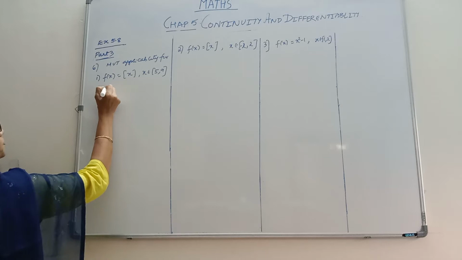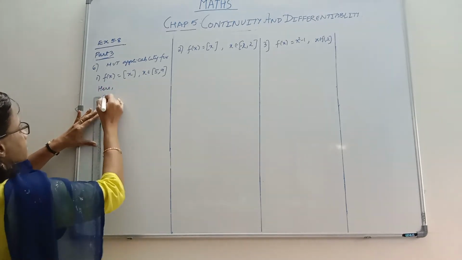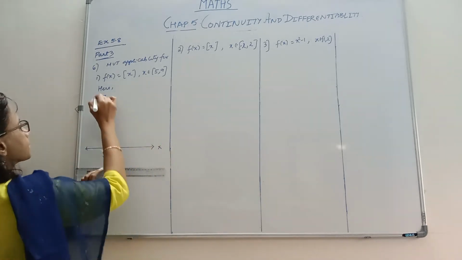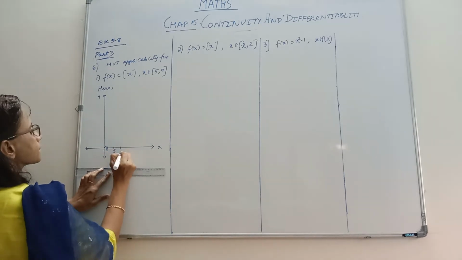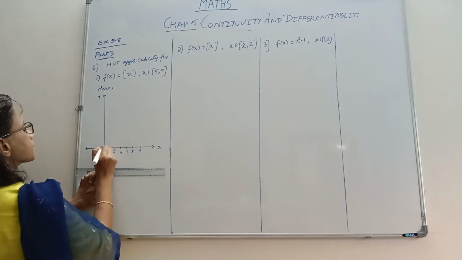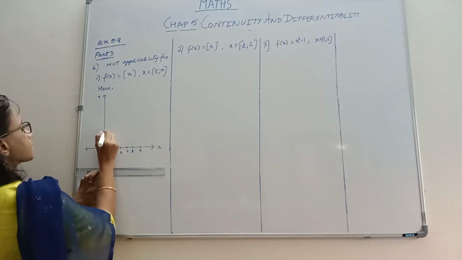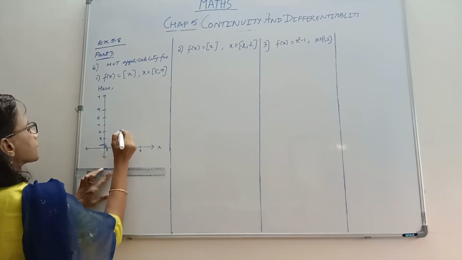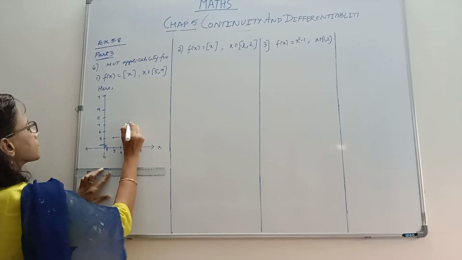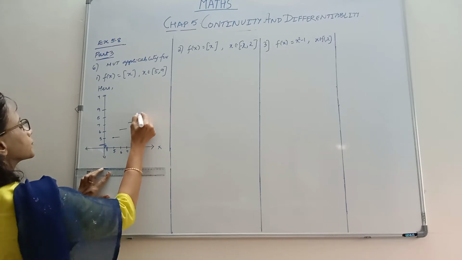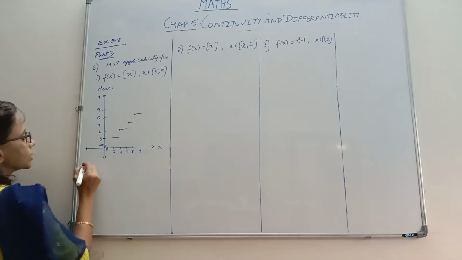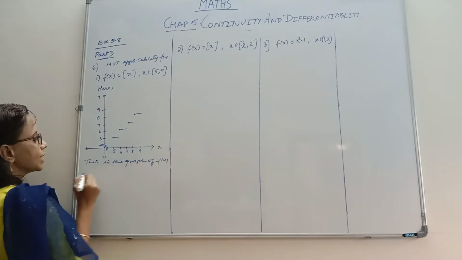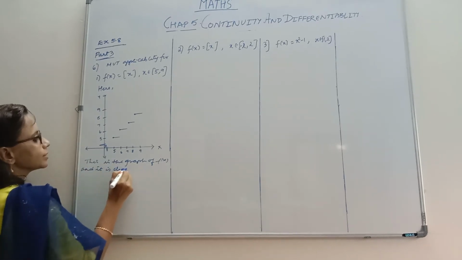So you can say that here, see, this is the graph of f of x and it is clear that it is not continuous.